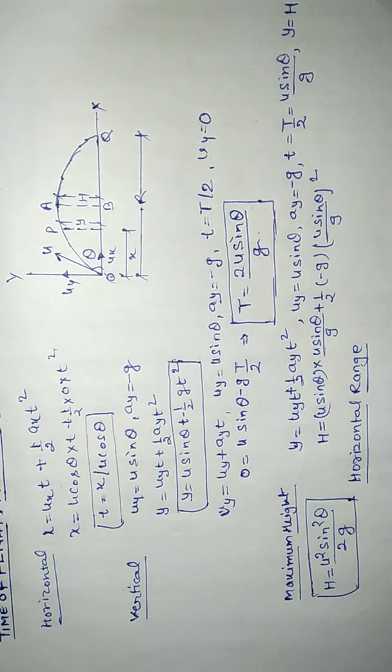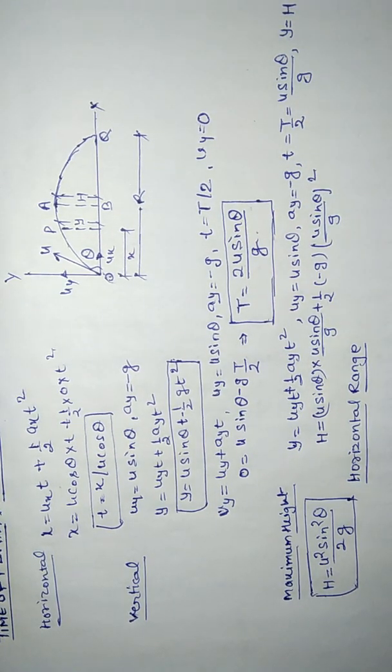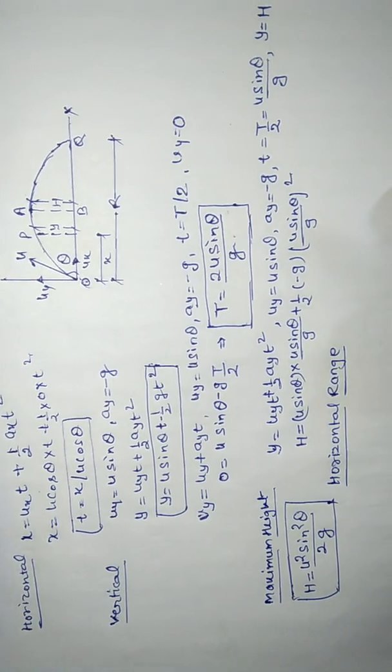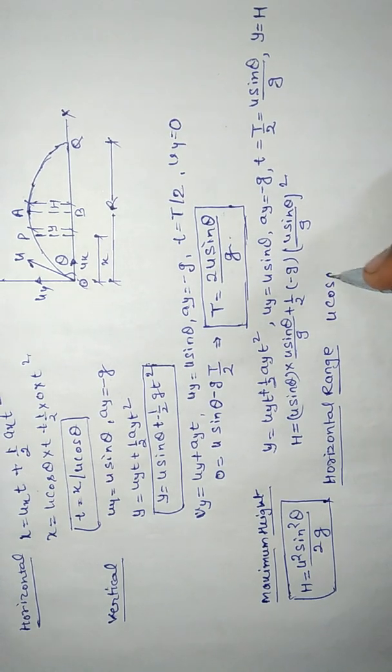The horizontal range is the horizontal distance covered by the projectile with uniform velocity, and the uniform velocity is u cos theta.